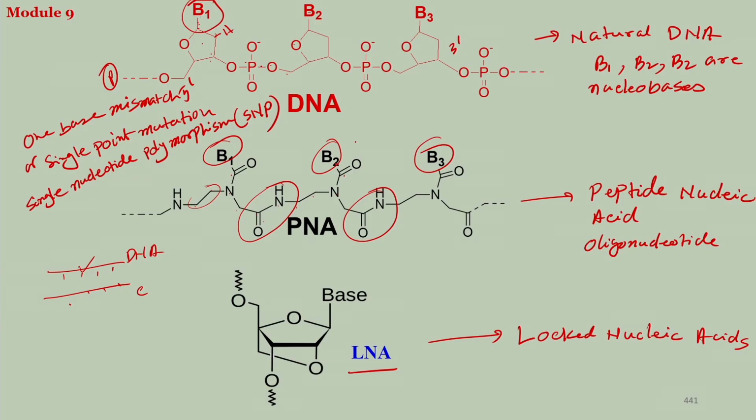So, very close to this. So, the distance between B1 and B2 along the chain is almost the same as in DNA, but of course, the flexibility is very different here.